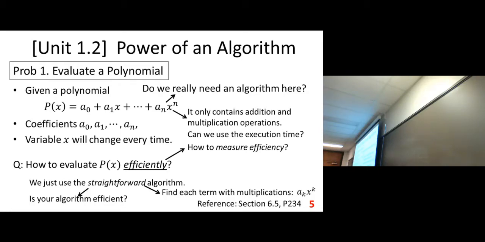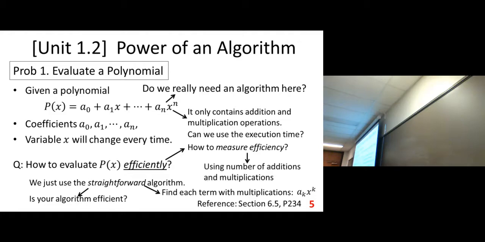We want to eliminate those factors. We don't want to consider the computer factor or program implementation factors. Without those factors, we can still see the efficiency.